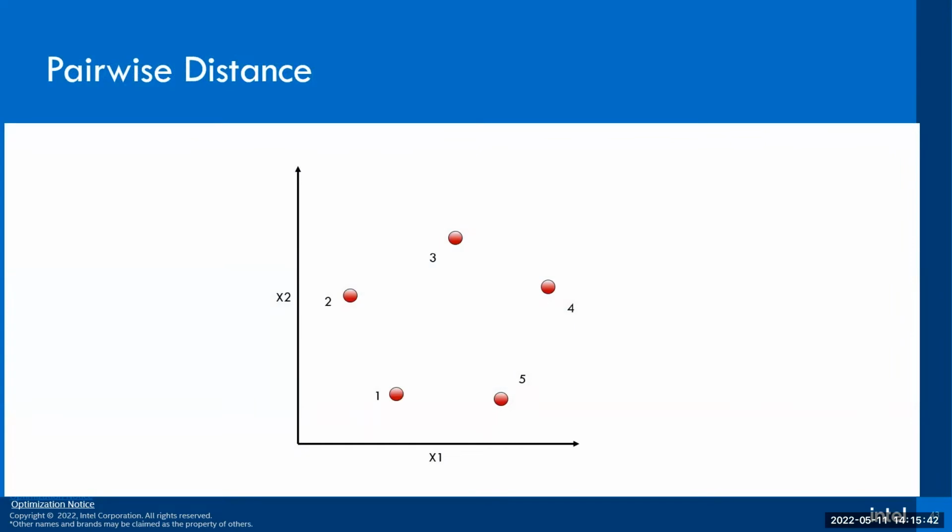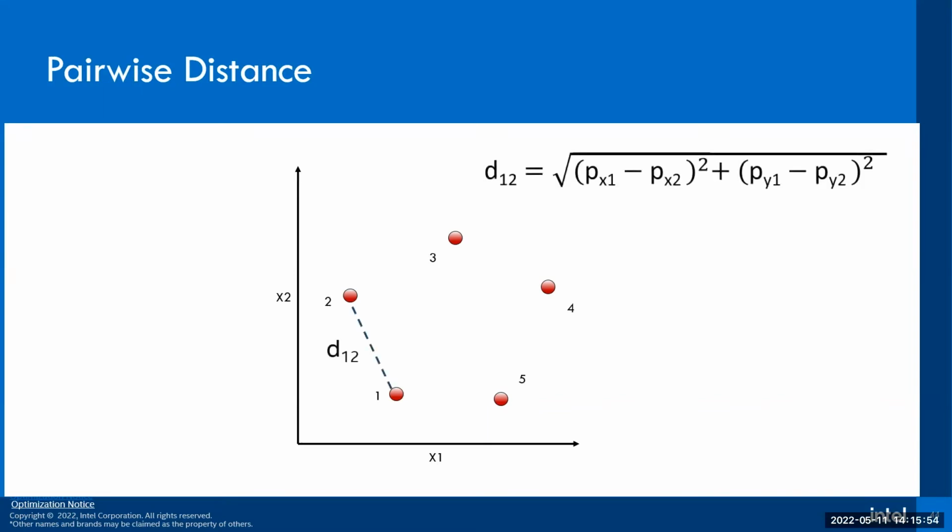Now we come to calculating the pairwise distance. In this graph there are multiple data points, and the main idea is to calculate the distance between each point and every other point. There are 5 points here, and let's say we calculate the distance between 1 and 2, which is (x1 minus x2) squared plus (y1 minus y2) squared.